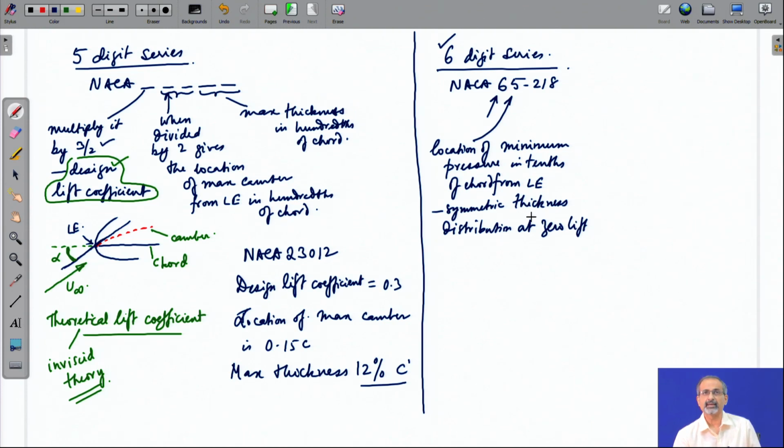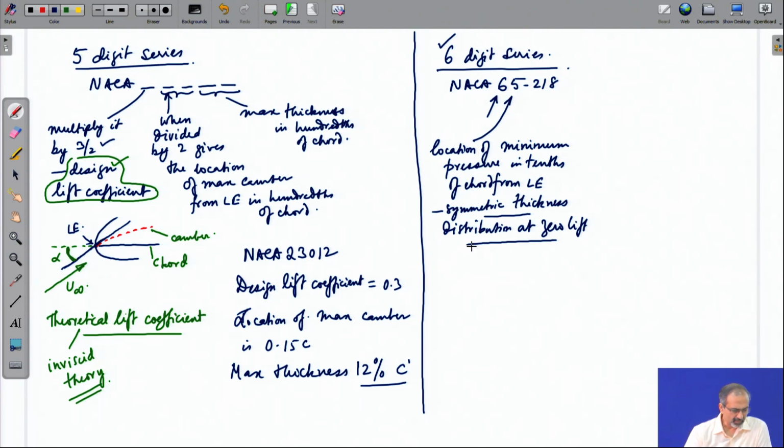That means, even though it has a camber, we consider the symmetric thickness distribution at 0 lift, and then the corresponding location of minimum pressure in tenths of chord from the leading edge is represented by the second digit.